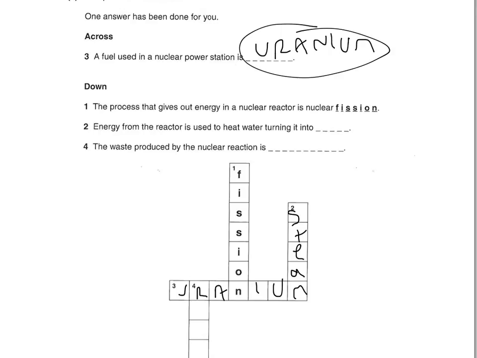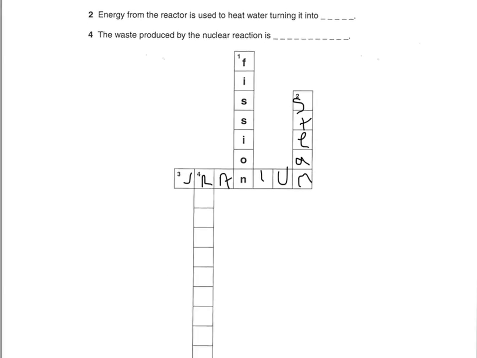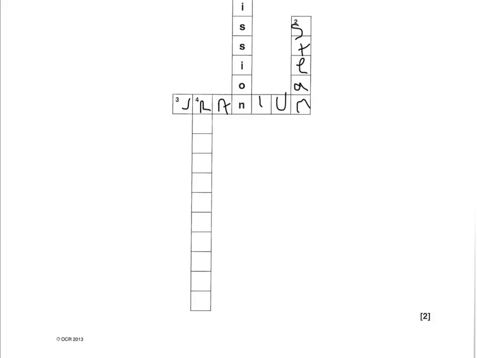And the last one, the waste produced by a nuclear reactor is, and that's a long word there, I assume it is radioactive. Let's just check it fits. Yes, it does, radioactive. If you got 1 or 2 of those correct, it's 1 mark. If you got all 3 correct, it is 2 marks.